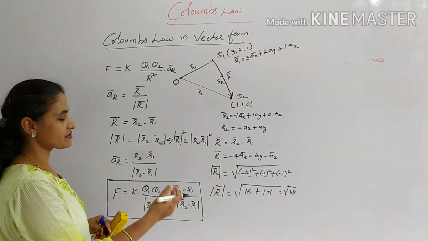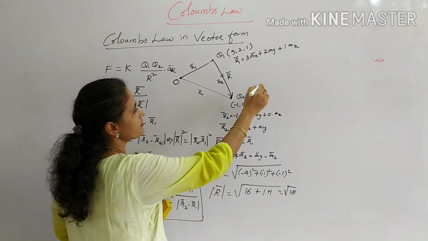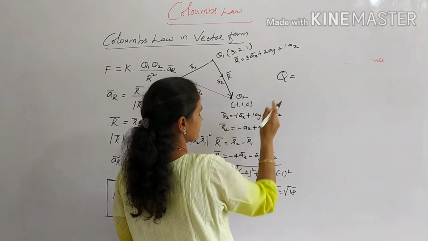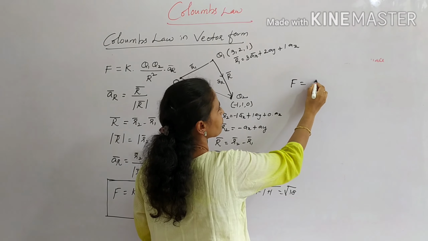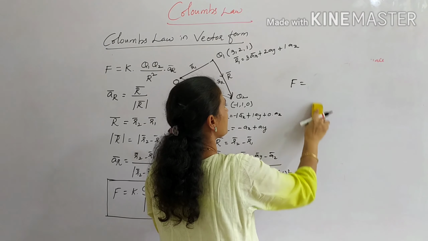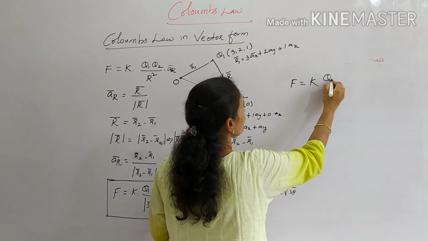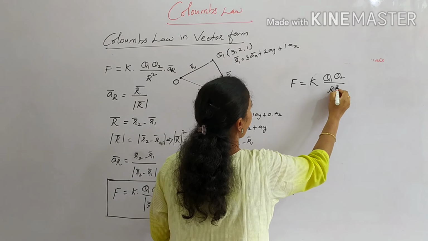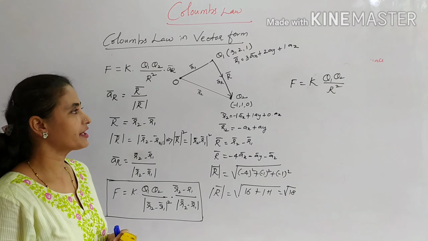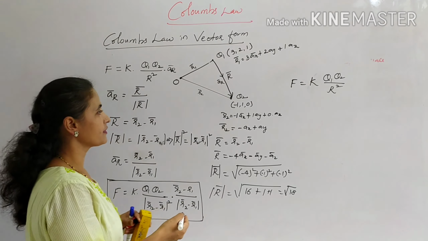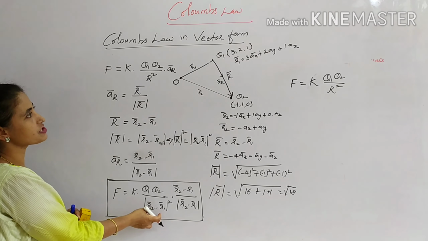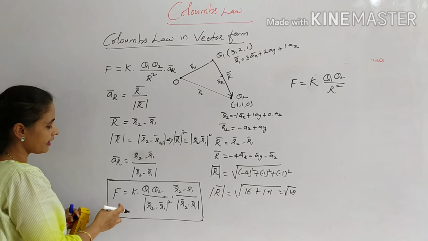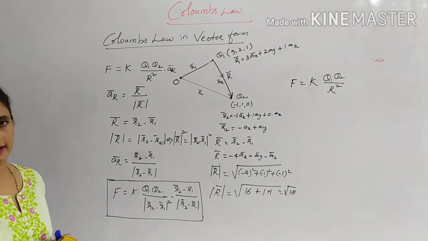In the previous derivation, Coulomb's law was just defined as the force F equal to K Q1 Q2 upon R square, right? So we need to represent the force in vector form, and in this derivation we obtain the force between two charges from Coulomb's law in vector form in this manner.